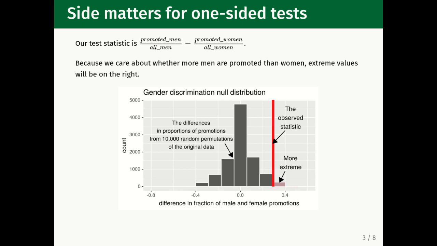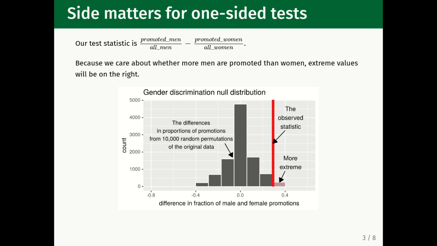Let's take a moment to think about what we are actually calculating here. We are calculating the fraction of promoted men minus the fraction of promoted women. Our alternative hypothesis is that more men are promoted than women. In other words, we only care about large positive numbers, where the fraction of promoted men is bigger than the fraction of promoted women.